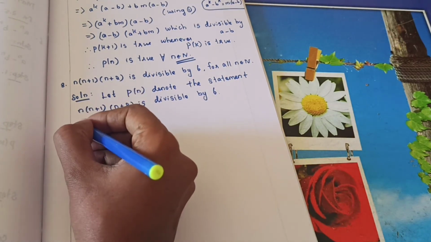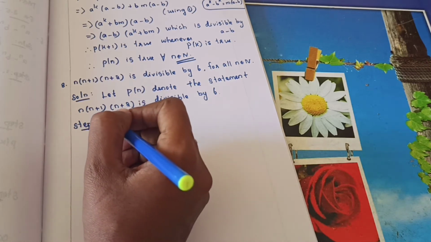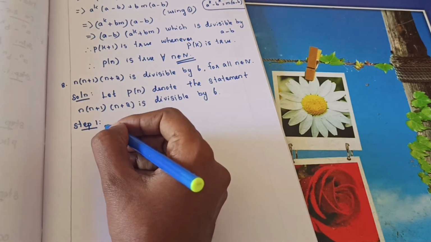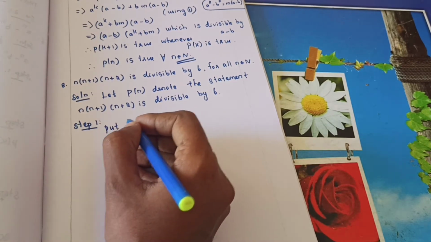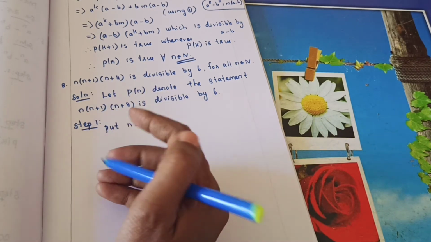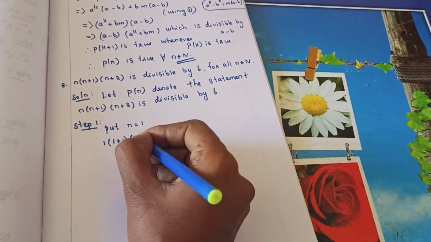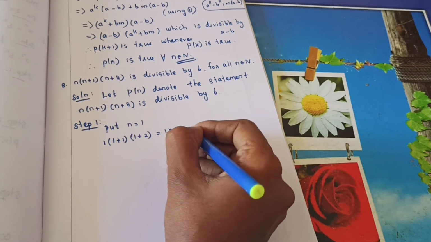Okay, what's the first step? Step 1. Put n equal to 1. Substitute in the place of n as 1. 1 into 1 plus 1 into 1 plus 2 equal to 1 into 2 into 3.